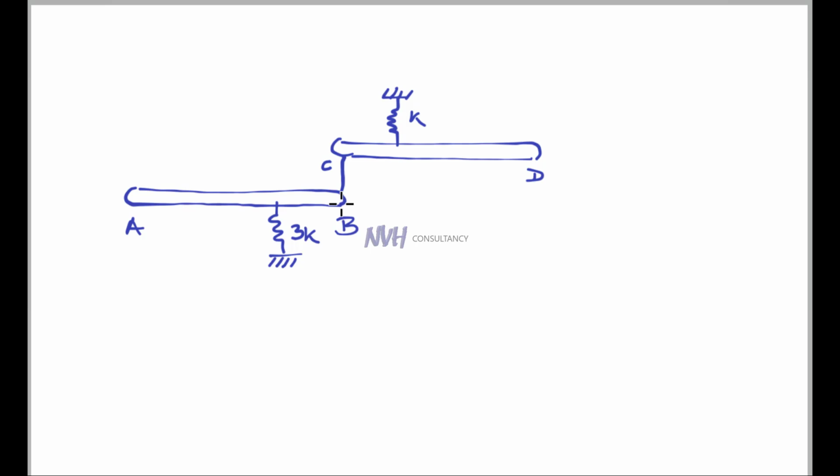Each of these is pinned at different locations as shown in the figure. So the pinning location for rod AB is L by 3 distance from the end A. The distance between the spring and the pin is again L by 3, and the spring and the end B is L by 3.